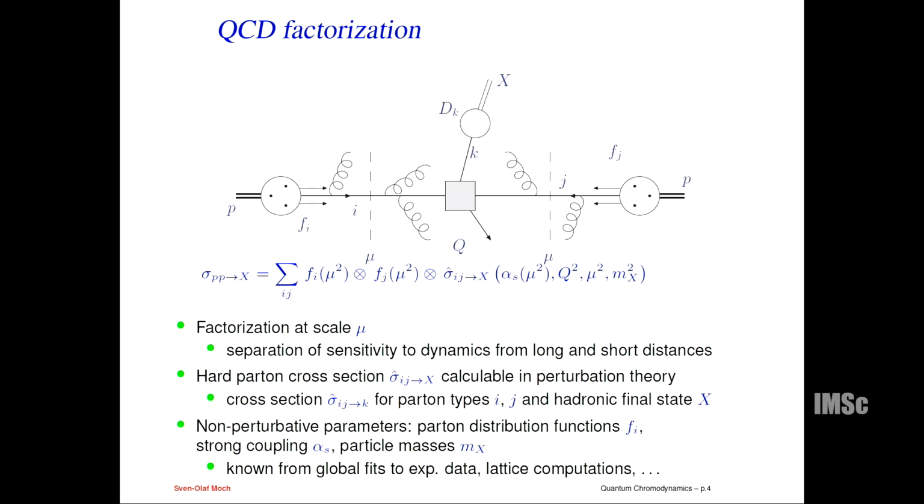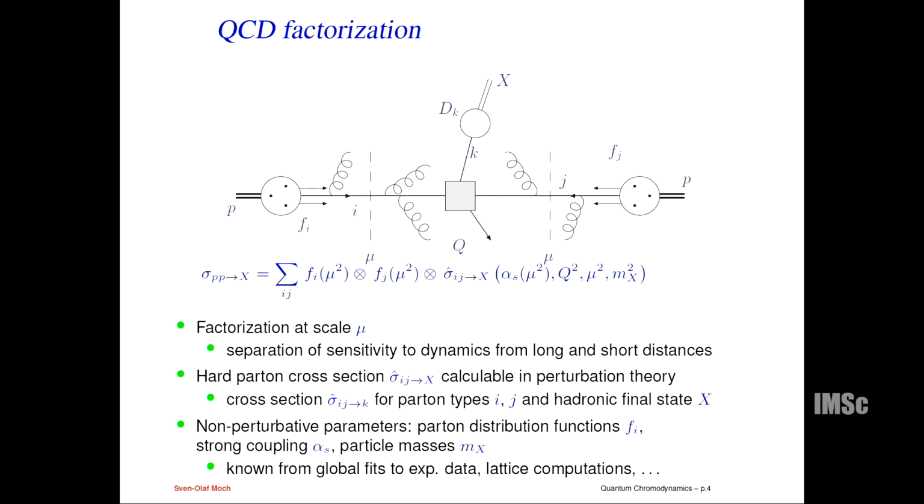But otherwise, it's arbitrary. And the fact that this is an arbitrary separation scale also allows you to derive later on evolution equations that will allow us to make statements about the parton dynamics inside a proton. This is something we will also talk about today and tomorrow. But this is the rough picture.